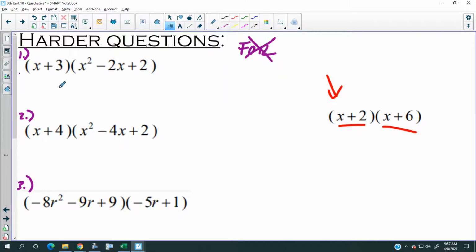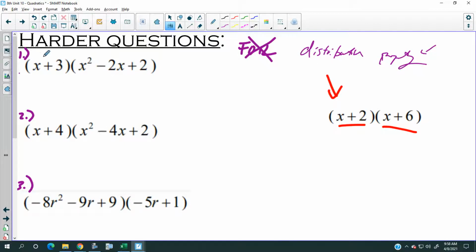So what we're gonna do is go back. We're gonna dial the calendar back a year and look specifically at using the distributive property to solve this.